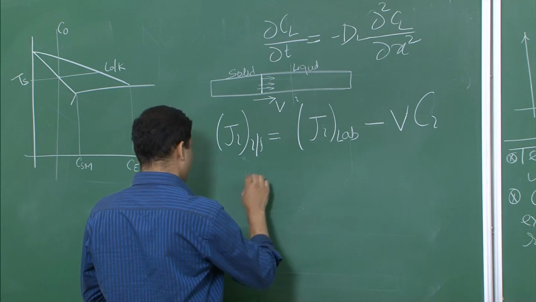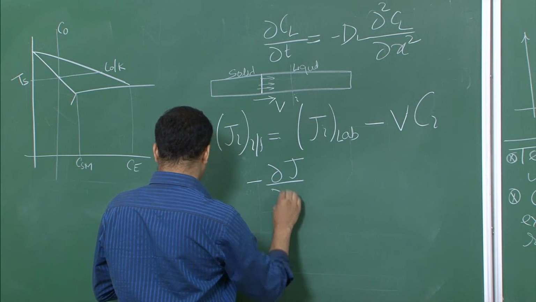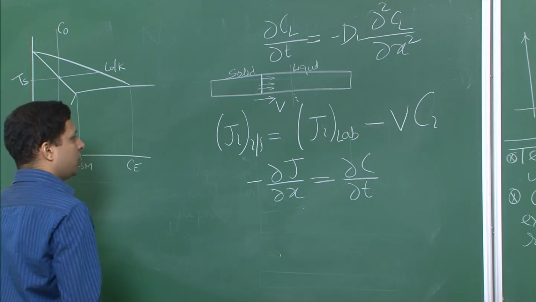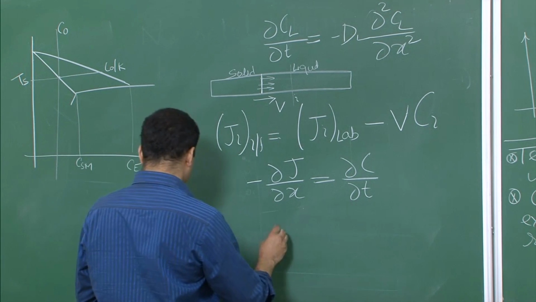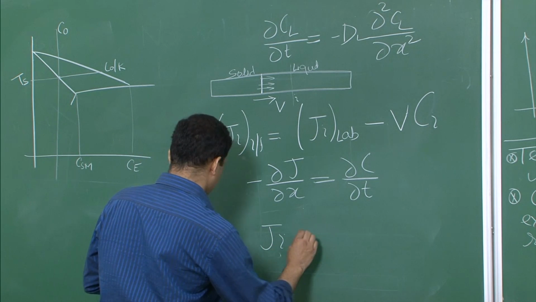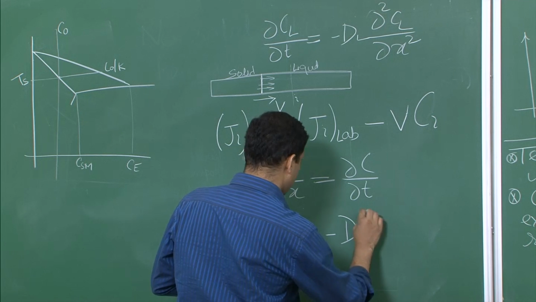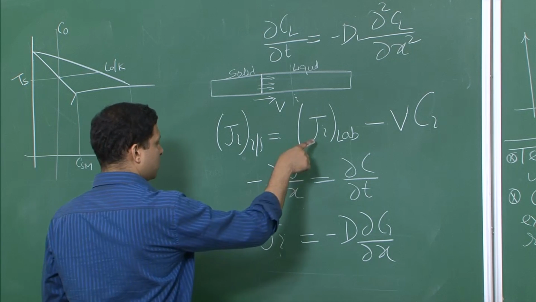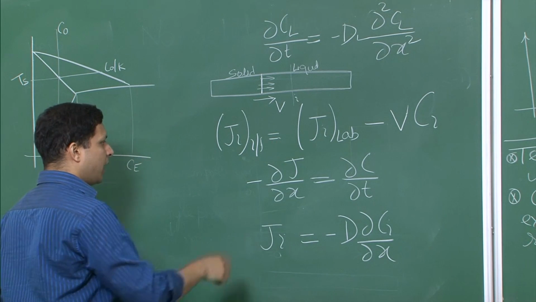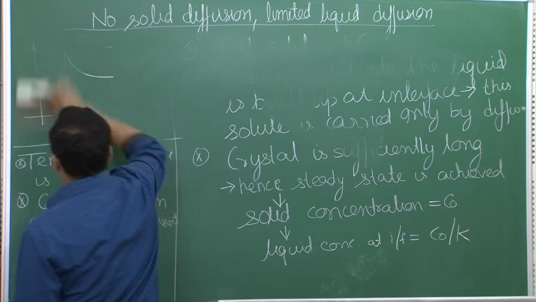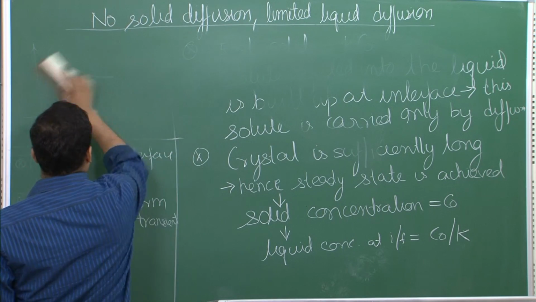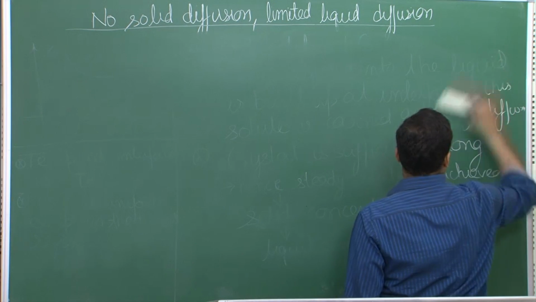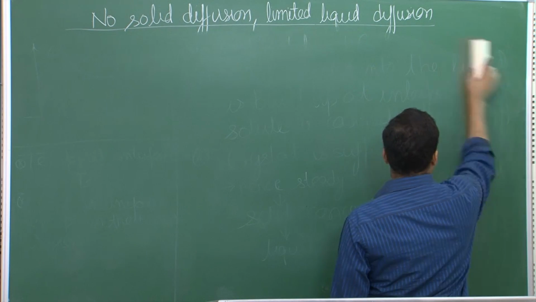Now from the continuity equation we know that del J by del X is equal to del C by del T. And we also know that Ji is equal to minus D del Ci by del X. So first we will put this over here and over here and then differentiate with respect to X. We will see how to get to a diffusion equation which is valid in a moving reference frame, and we have already seen why it is different, because the flux is different.